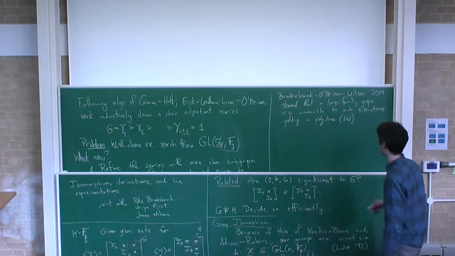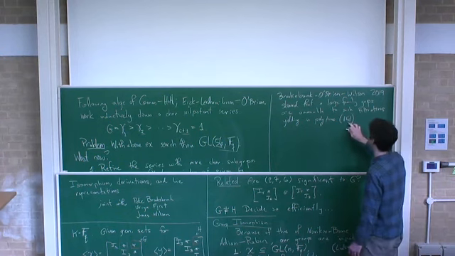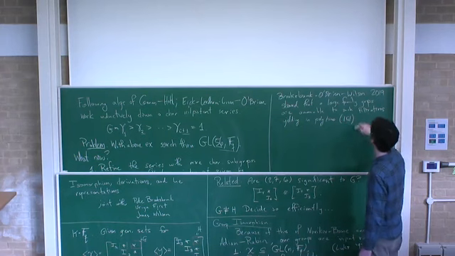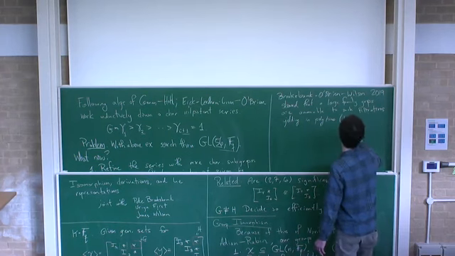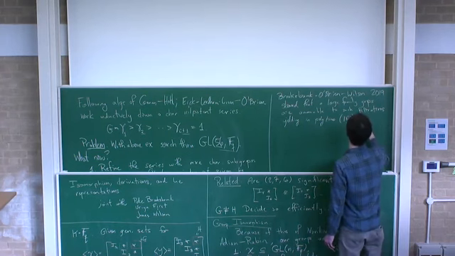Polytime in the order of the group, so it's still an improvement of the general case. Yielding in polytime for isomorphism testing.